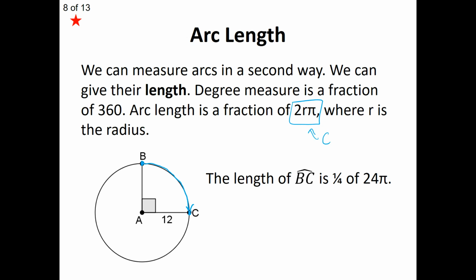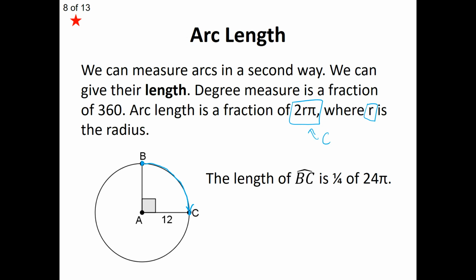One other note is that there is a third variable in here: the radius, because if we change the length of the radius of a circle, it changes the circumference of our circle, which inherently changes the arc length.